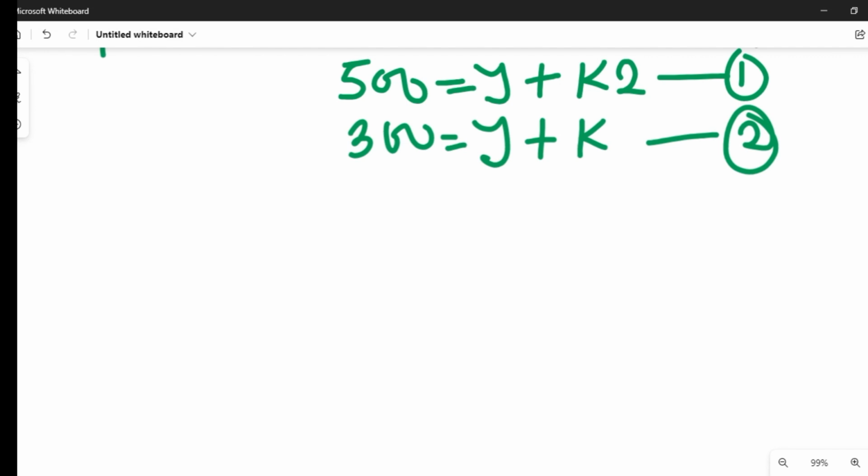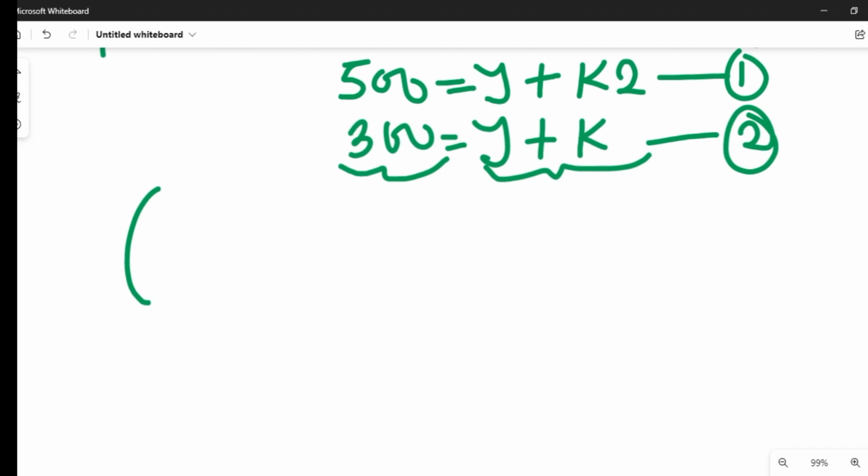Now let's look first at the matrix. These given values here will form the matrix, while the variables y and k will form the values we are looking for, and the constants will be on the other side.